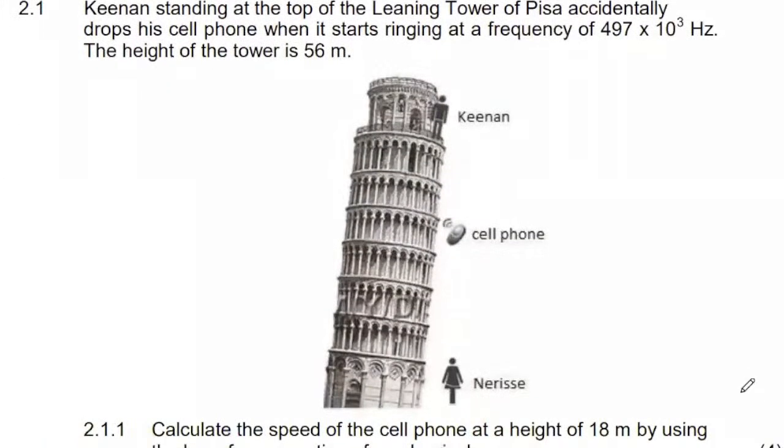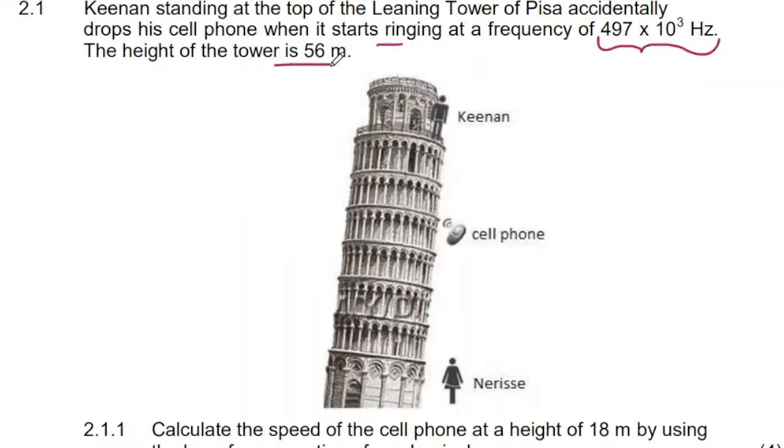Question number 2. They are telling us that this person, Keenan, is standing at the top of the Leaning Tower of Pisa, accidentally, not pizza. He accidentally drops his cell phone when it starts ringing at a frequency of this much.